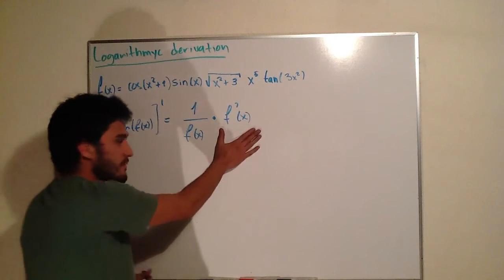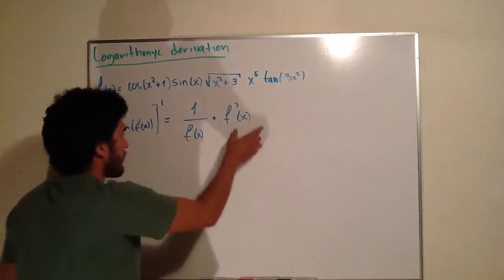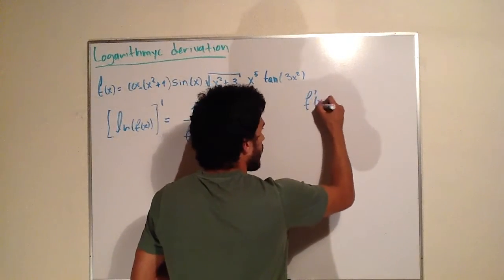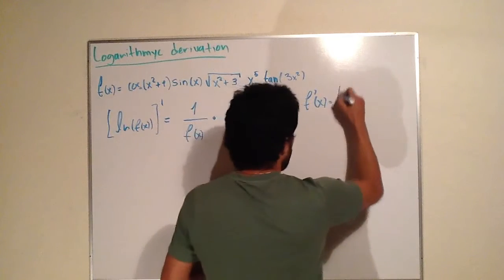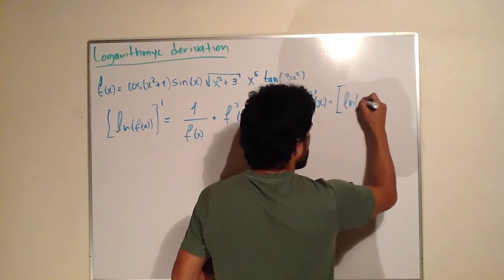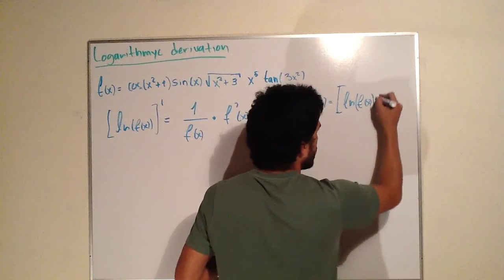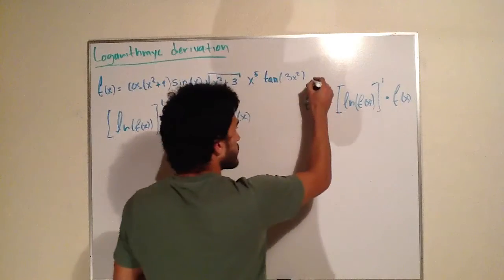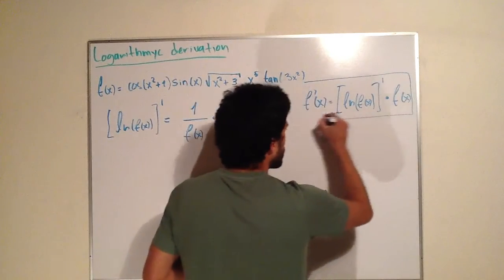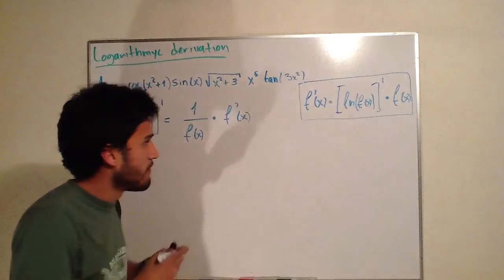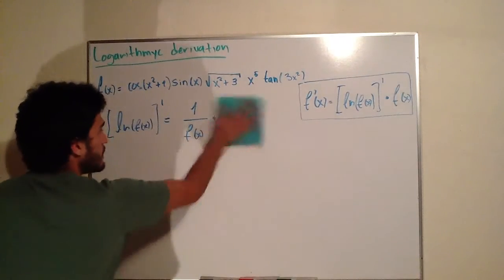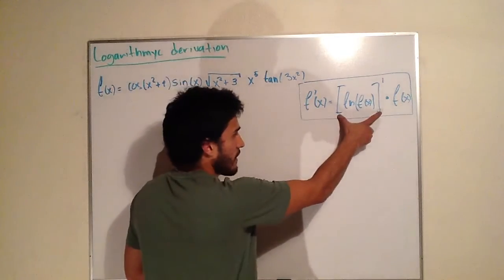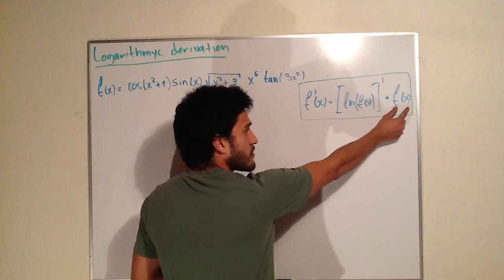So if we clear the derivative of the function from this whole expression, then we will have that the derivative of the function will be the derivative of the function inside of a natural logarithm multiplied by the function. I'm going to put it this way to have that formula very present. So first of all, we need to know this factor, and then we need to multiply by the function itself.